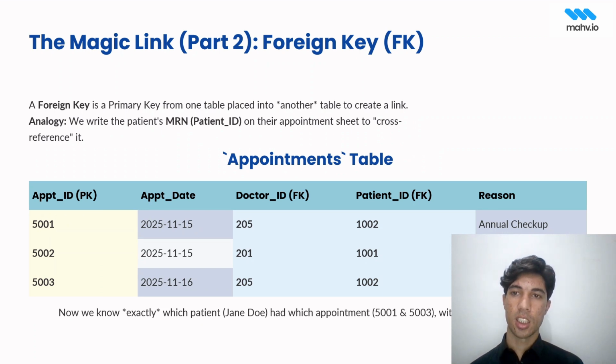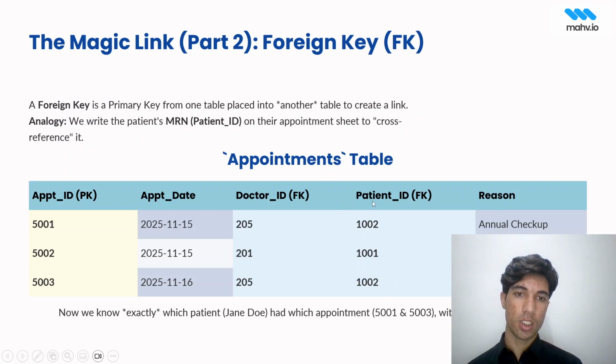Then there is a foreign key. A foreign key is also a primary key, but it is taken from one table and placed in another table to create a link between the two tables. You can see in this example, this is the appointments table. We have the appointment ID, which is the primary key for the table. Then we have the information about the appointment, like the appointment date, the reason for the appointment, etc. And then we have two foreign keys.